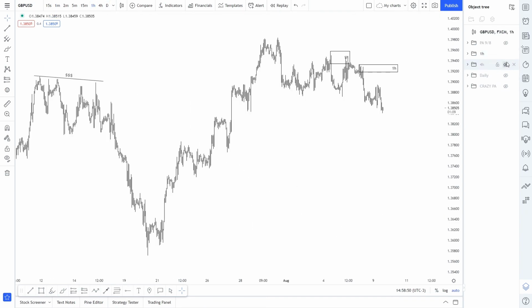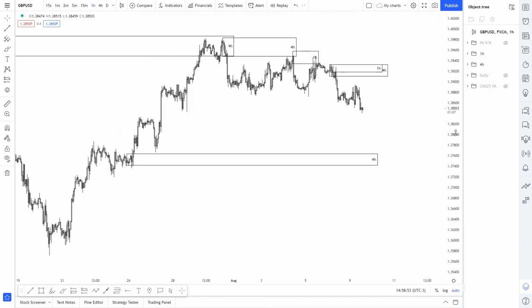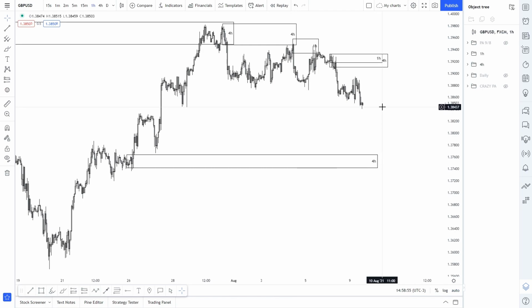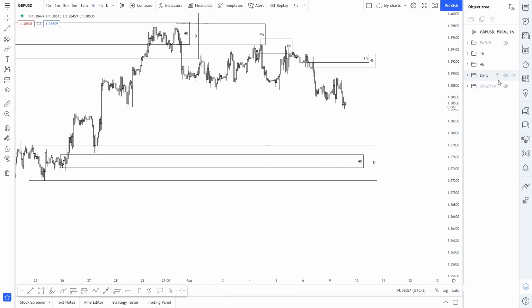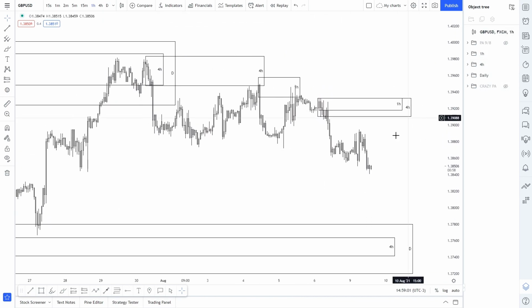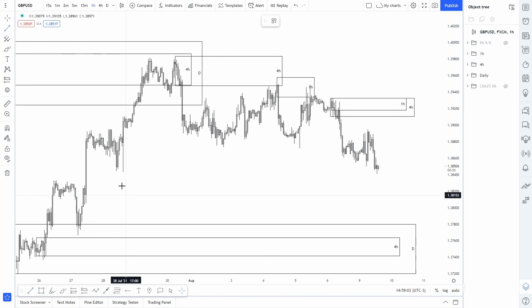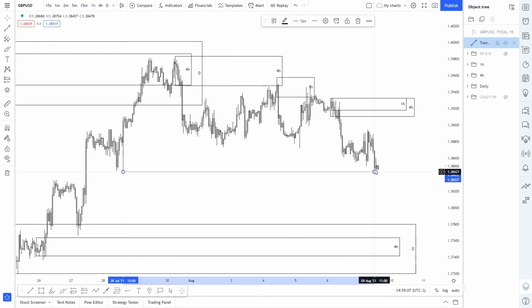There will be days where this type of trading will work out great, and there are days where it just won't. It's just as simple as that. Today wasn't the greatest day, but at the same time, you could have ended up with somewhat of a profit. So just things to consider.